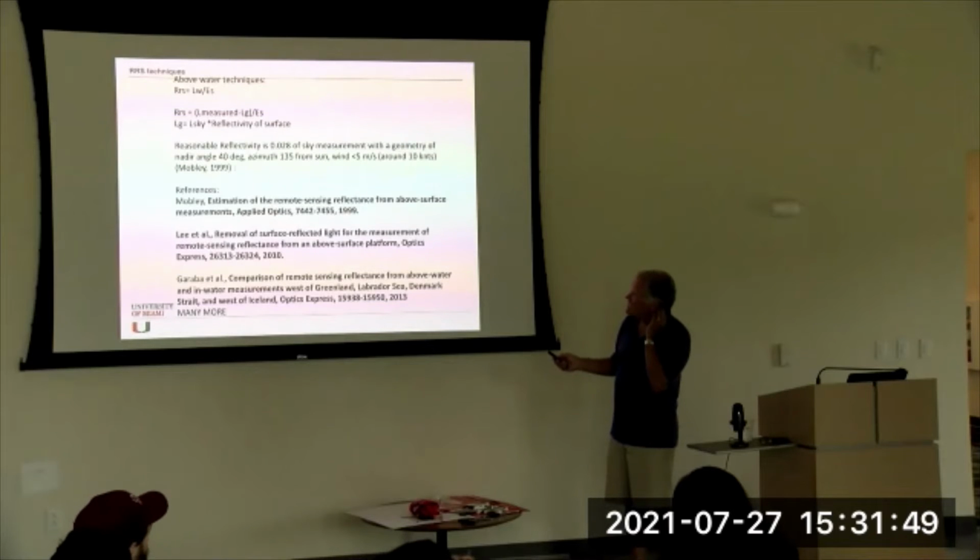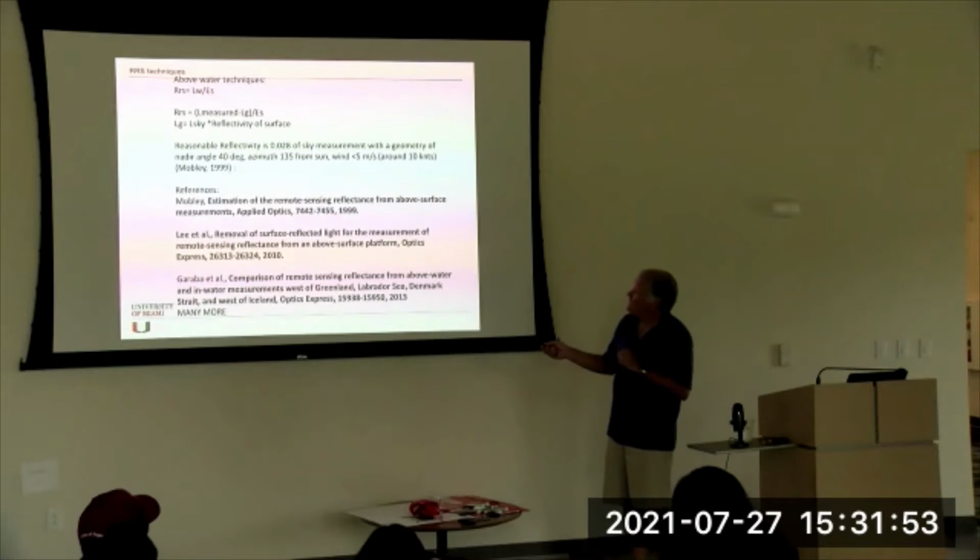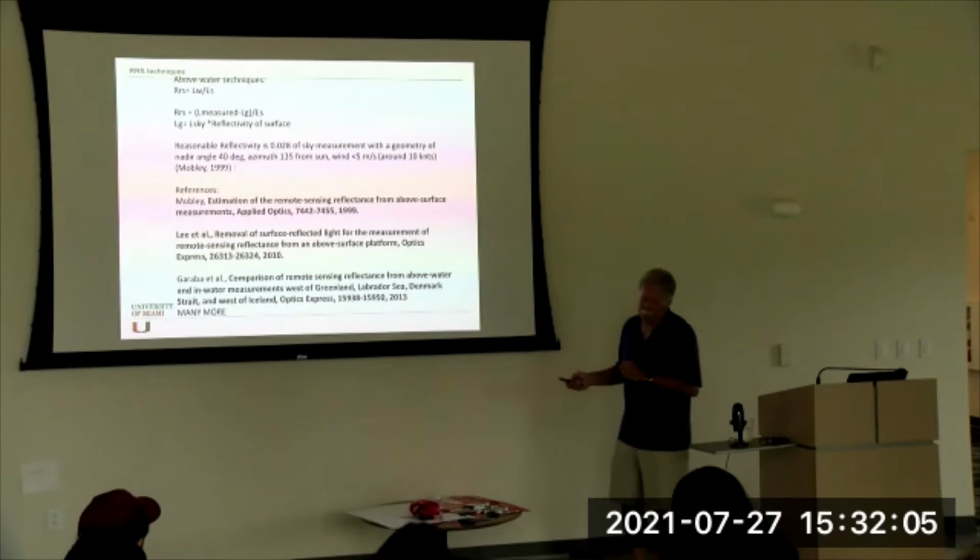So we measure the total upwelling radiance minus the sky radiance times some reflectance factor to get rid of the surface reflection, and the remote sensing reflectance is that divided by the irradiance measurement.